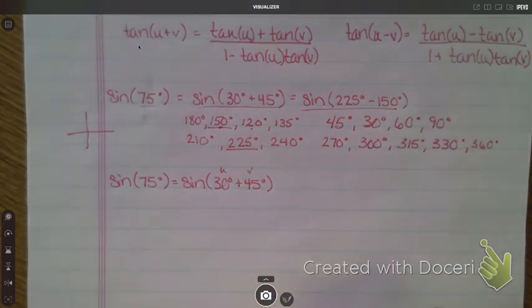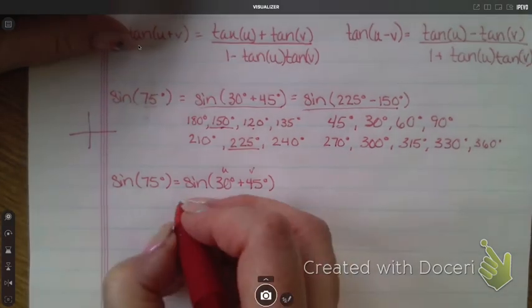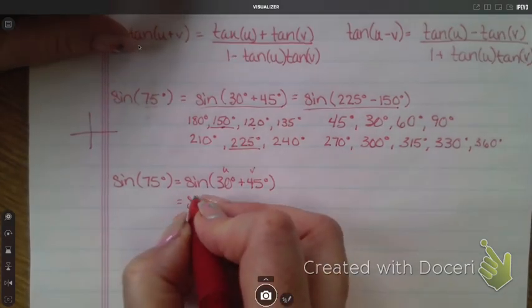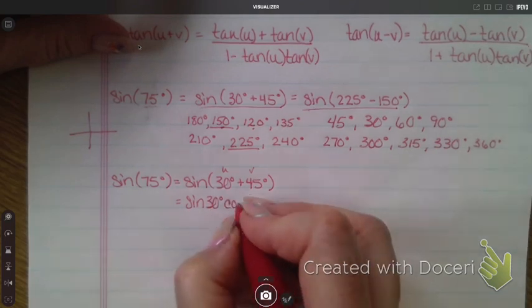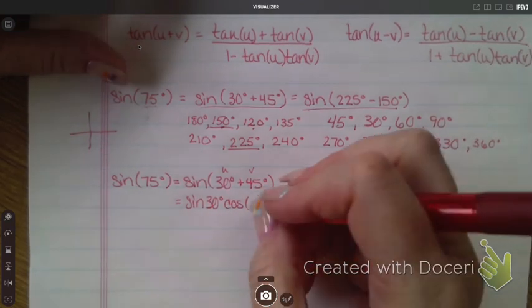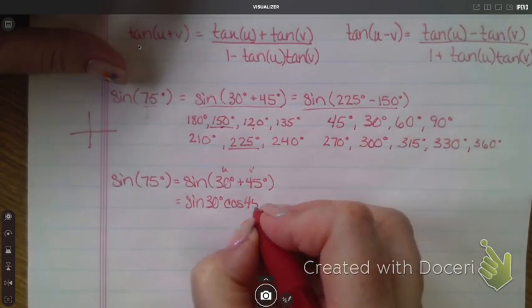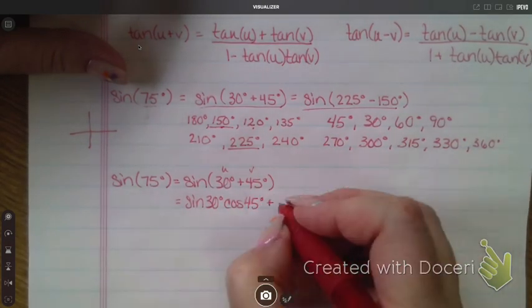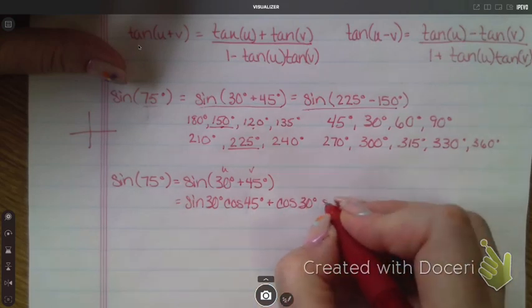And then you plug it into your equation: sine of 30 cosine of 45 plus cosine of 30 sine of 45.